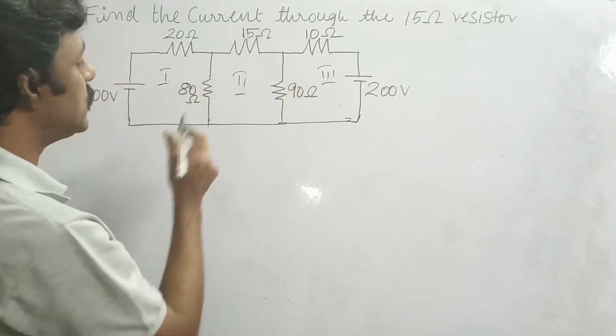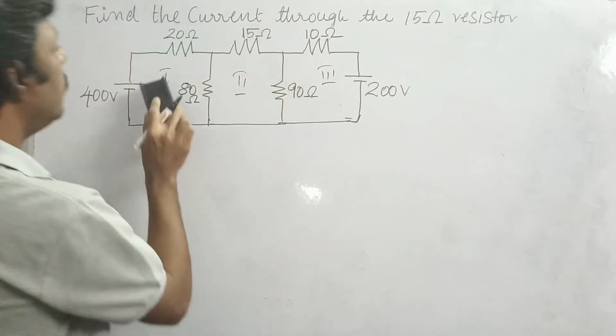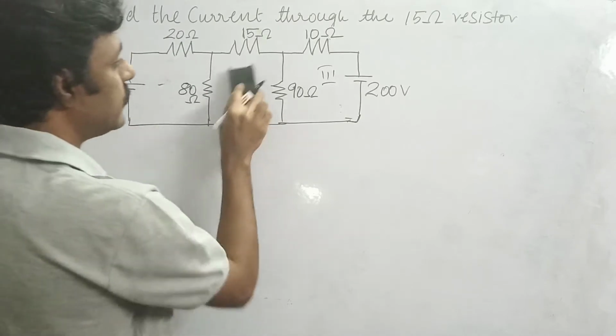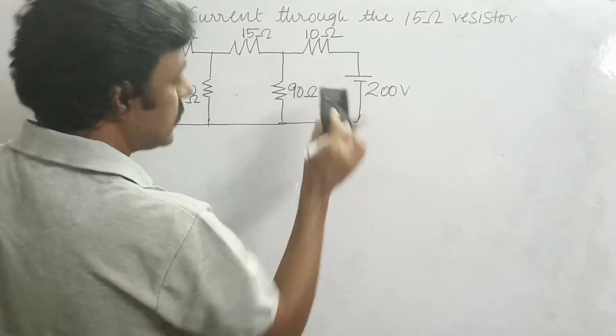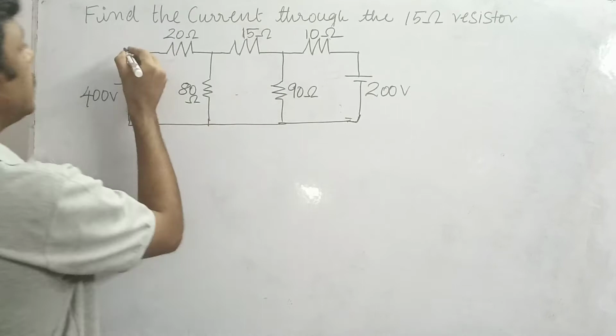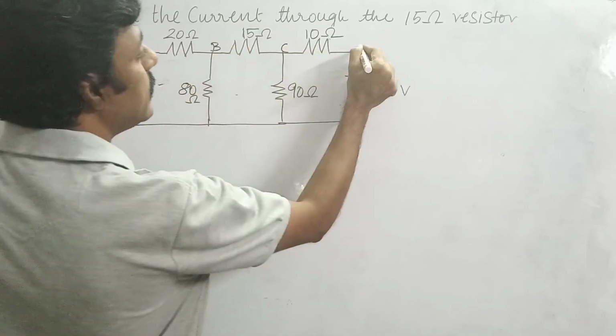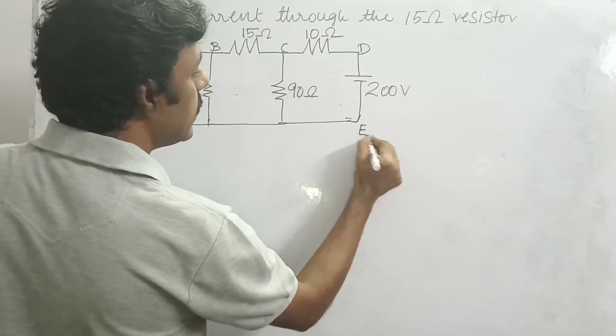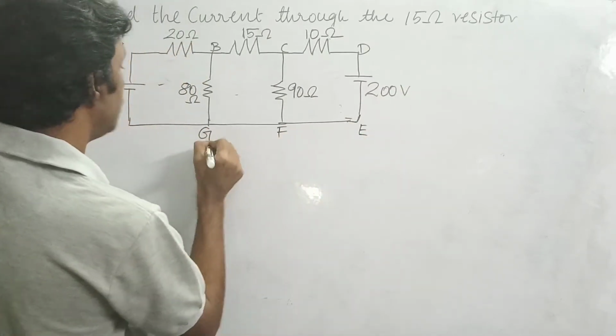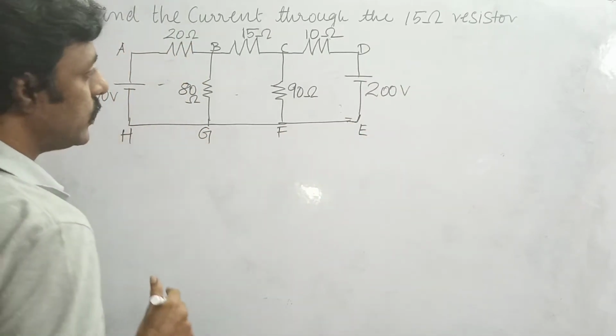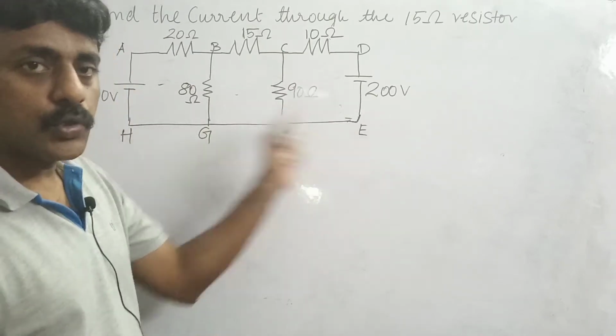So what we should do is mark the corners with alphabets. I am going to mark the corners A, B, C, D, E, F, G, H. In this loop, I have two batteries, two voltage sources.